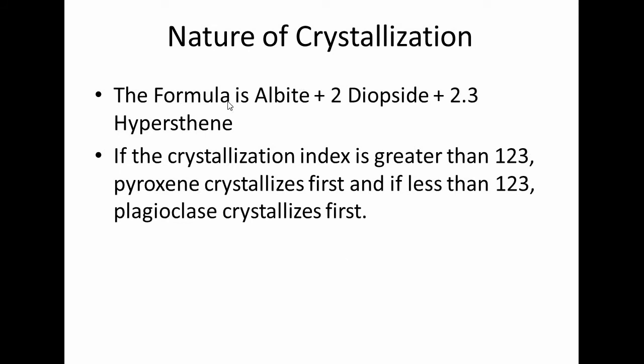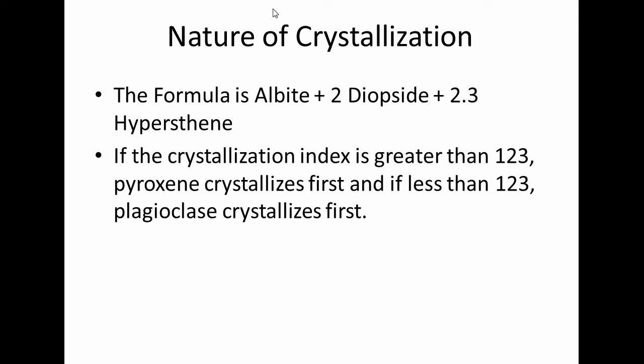Now we can also determine the nature of crystallization, or crystallization index, from the weight percentages obtained in the rock. The formula for the crystallization index is albite plus 2 diopside plus 2.3 hypersthene.